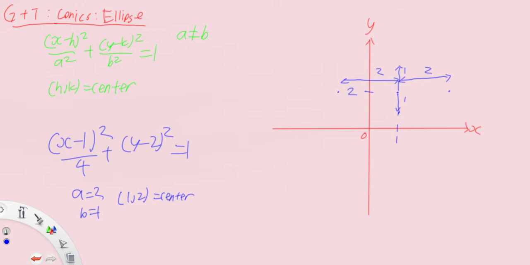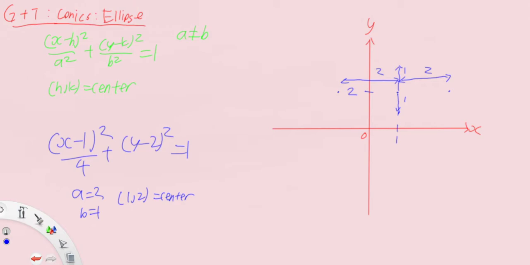Another thing is, depending on the values of a and b, you have either the major axis or the minor axis, where the major axis is the length of the longer axis. Between a and b, a in this case is 2 and b is 1. The length of the major axis is 2, so if you see the word major axis, it's basically the longest distance from either the uppermost or leftmost point to the center.